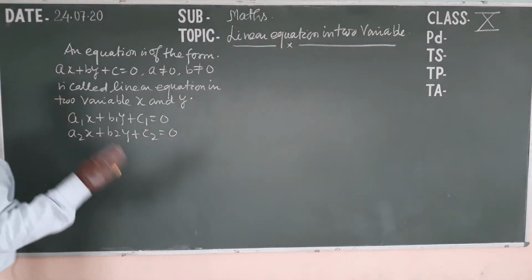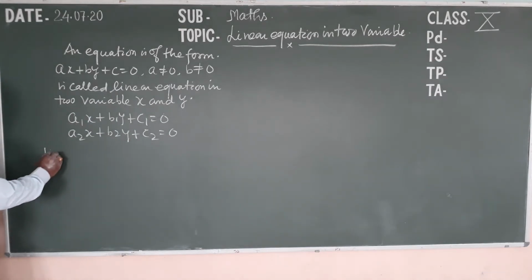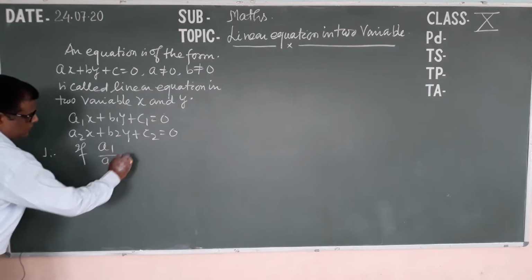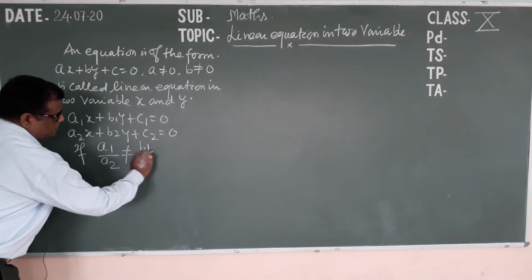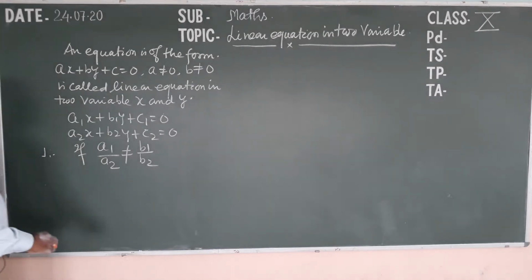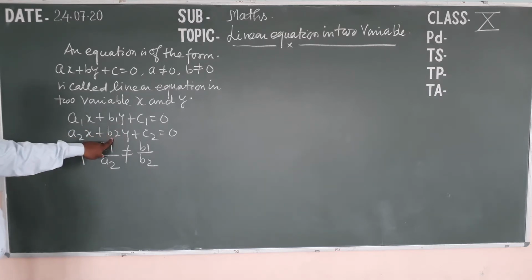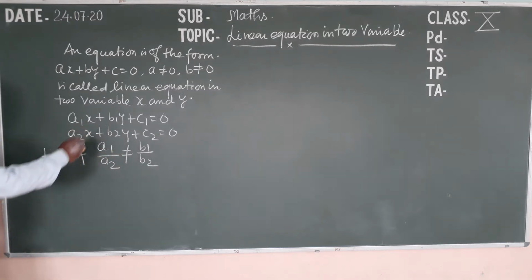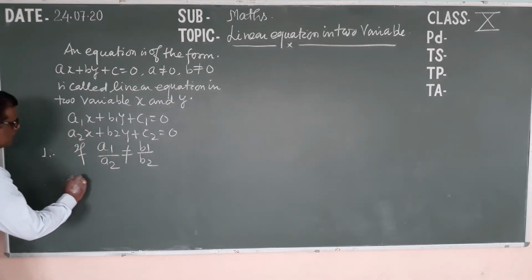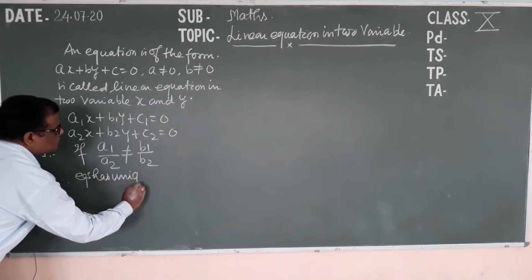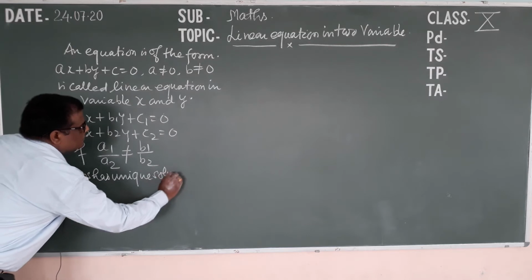Now the first one: if a1 upon a2 is not equal to b1 upon b2, meaning the coefficients of x and y of the first equation compared with the second equation, therefore the equation has a unique solution.